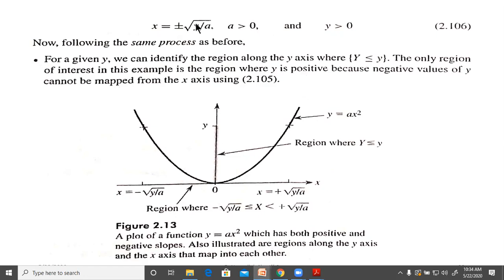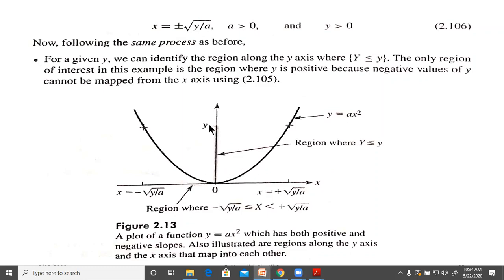If you take a negative value of y, then x will naturally become imaginary, and hence we will not be taking that. So if you try to write the curve for this, then we'll get either x equal to plus or minus root of y by a, or y equal to ax square. Y equal to ax square is a parabola, and that parabola curve will be like this.